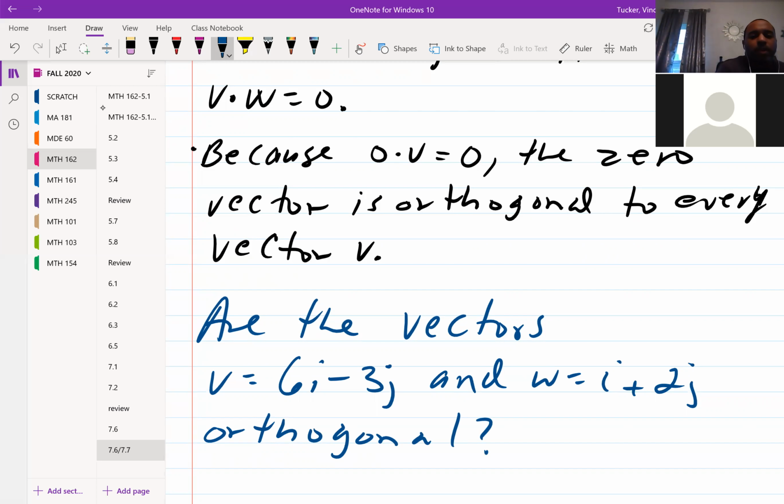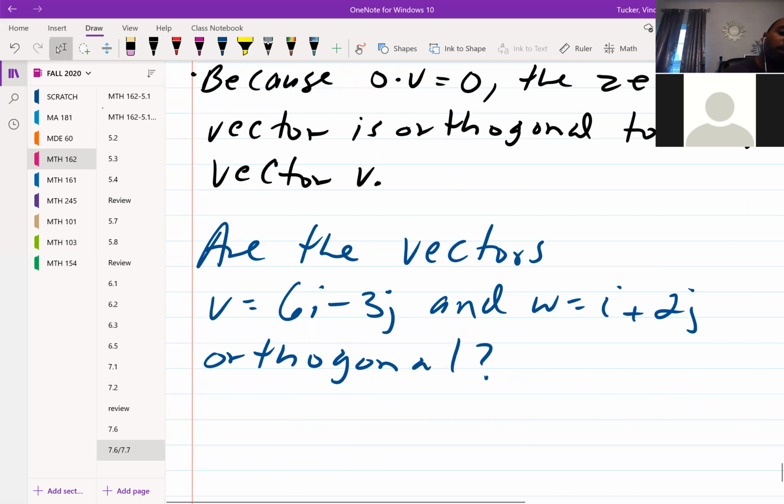All right, so are the vectors v equal to 6i minus 3j and w equal to i plus 2j orthogonal? The only way we'll know that is if the dot product of the two is equal to 0.